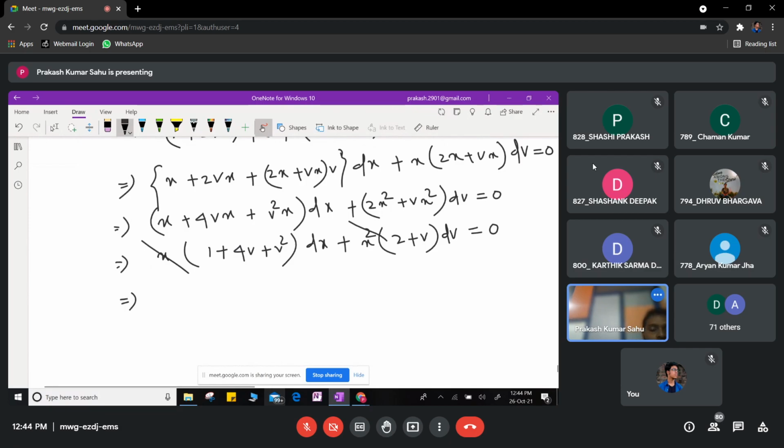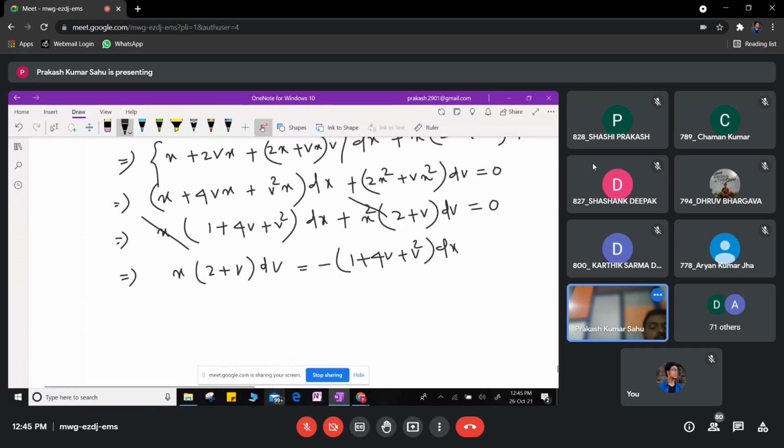Now if you do the separation, this is x into 2 plus v dv is equal to minus of 1 plus 4v plus v square into dx.